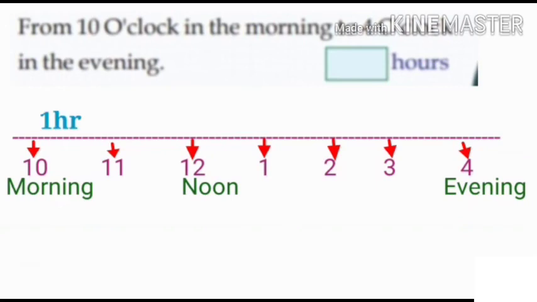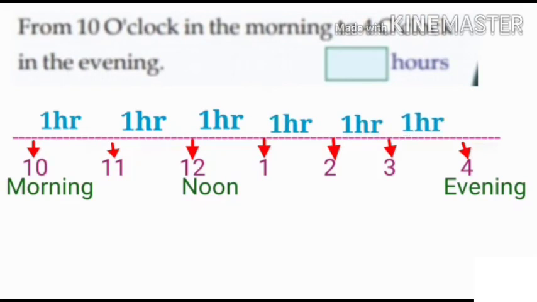From 11 o'clock to 12 noon, 1 hour. 12 o'clock to 1 o'clock, 1 hour. 1 o'clock to 2 o'clock, 1 hour. 2 o'clock to 3 o'clock, 1 hour. 3 o'clock to 4 o'clock in the evening, 1 hour. So total 6 hours. So children, how many hours are there from 10 o'clock in the morning to 4 o'clock in the evening? Yes, 6 hours.